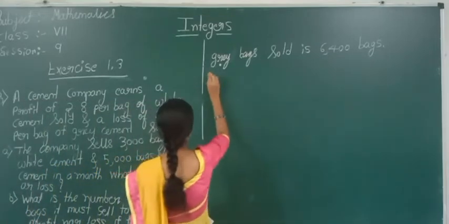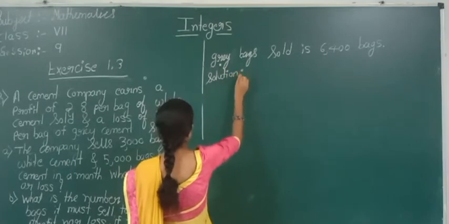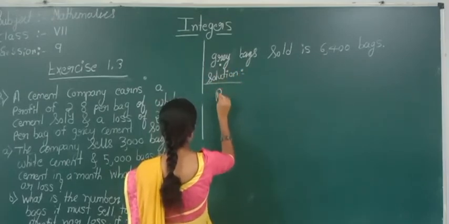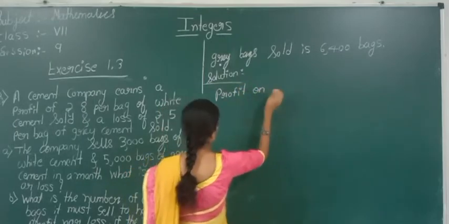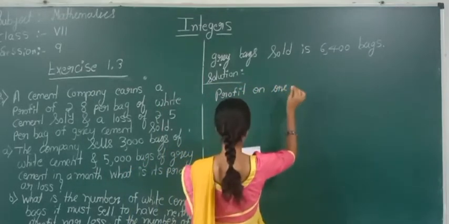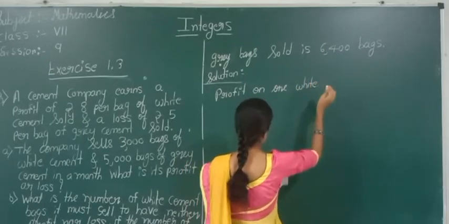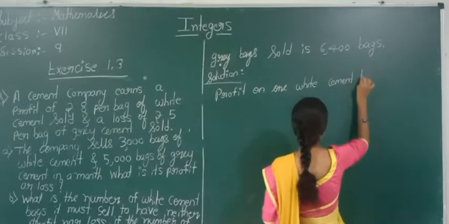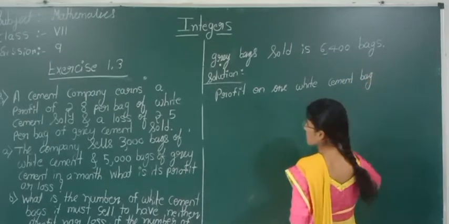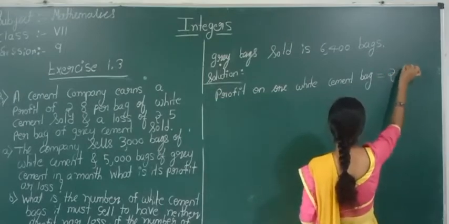Now see here, solution. Profit on one white cement bag. How much profit on one bag? That is rupees 8. Yes or no?